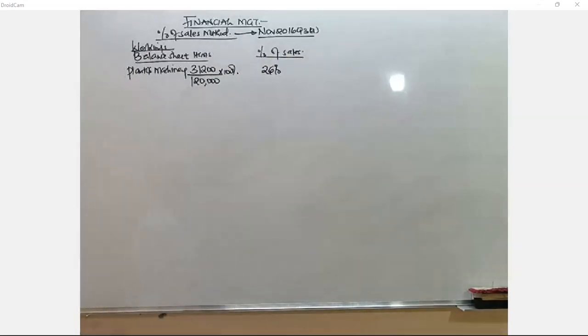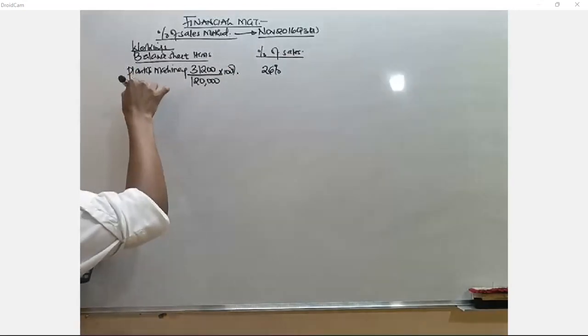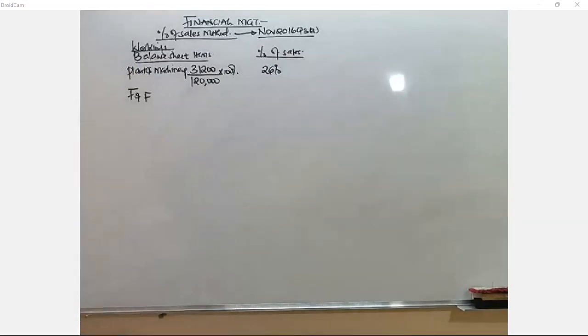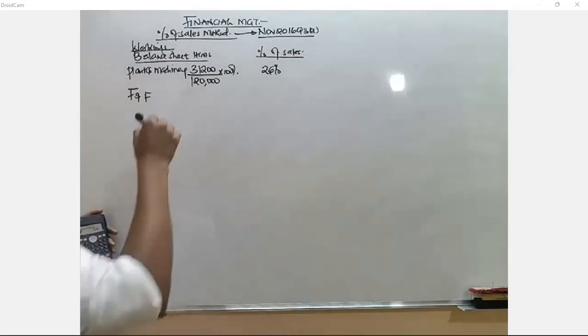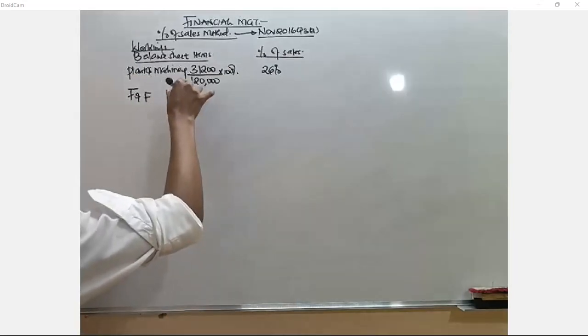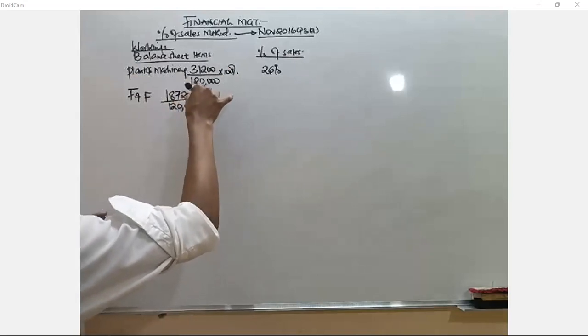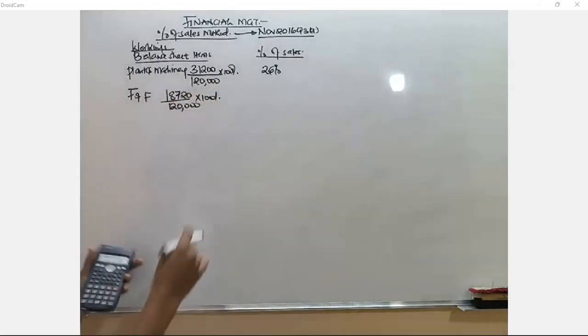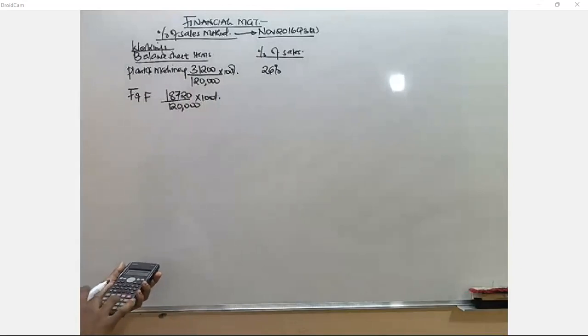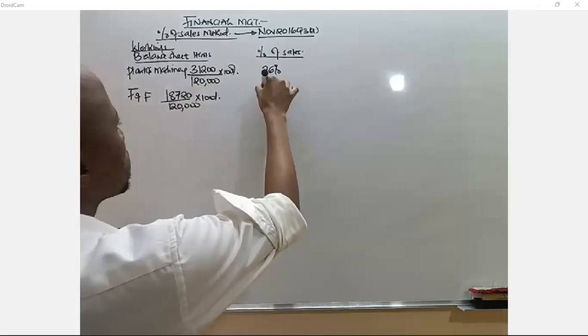The second one will be furniture and fittings. We are being given 18,720. Divide by your sales and multiply by 100%. So 18,720 divided by 120,000, getting 15.6%.